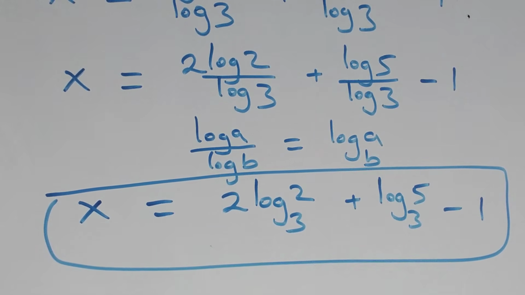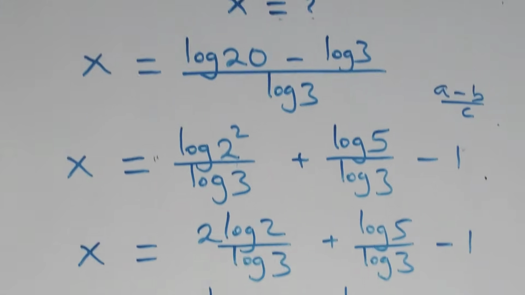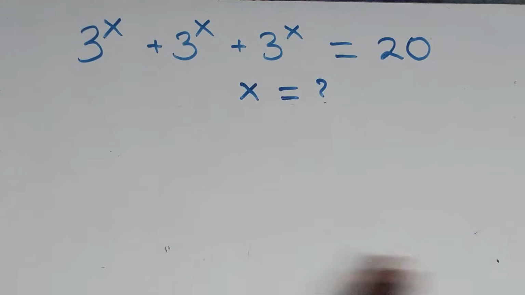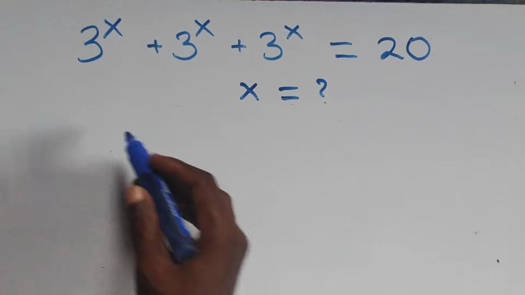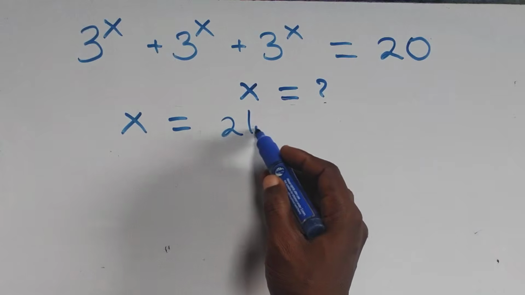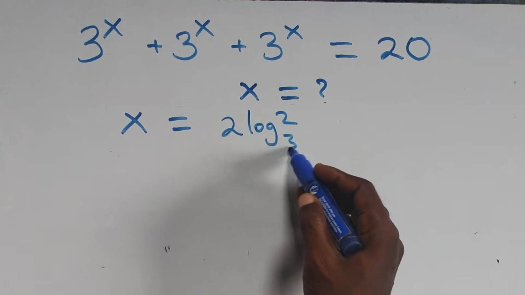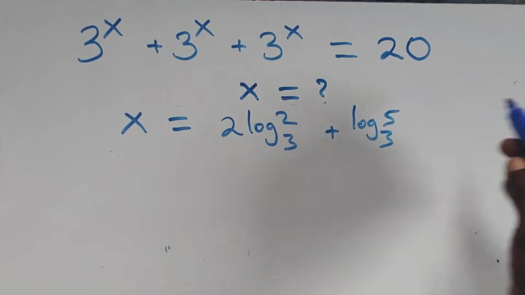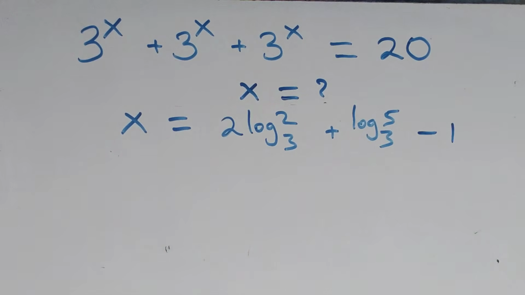And let's check if this satisfies this problem. We substitute the value of x here, which is x equals to 2 log 2 base 3 plus log 5 base 3 minus 1.